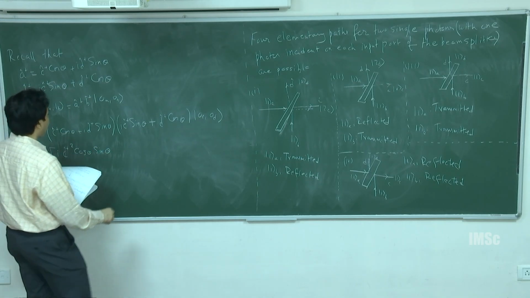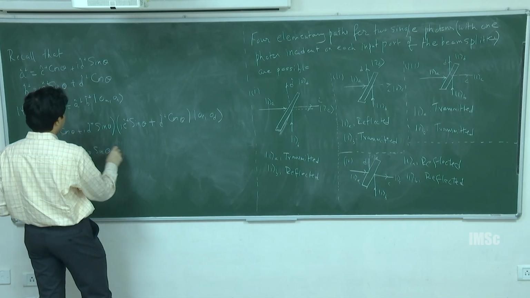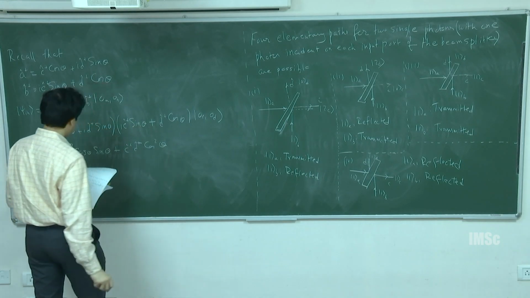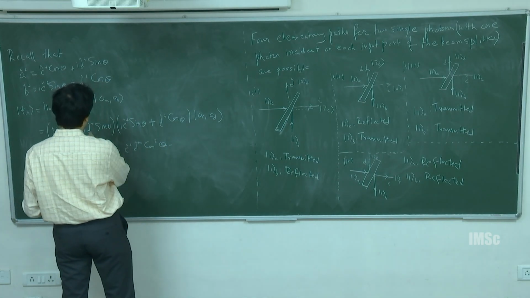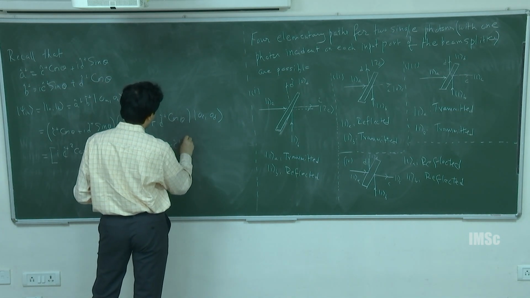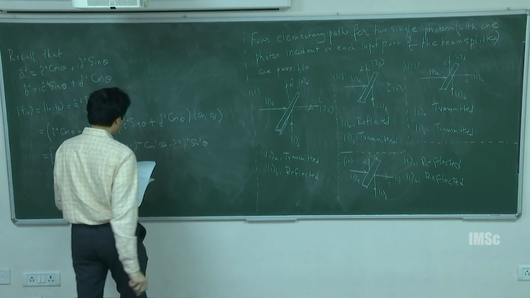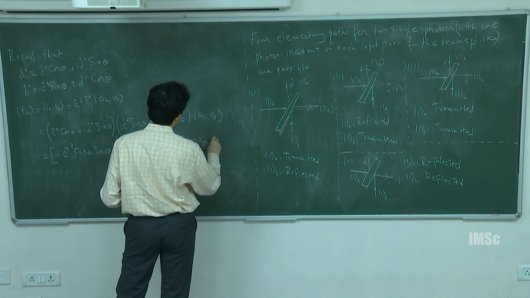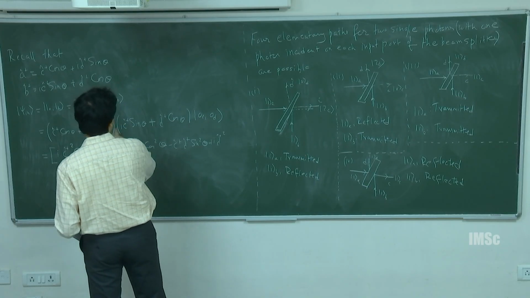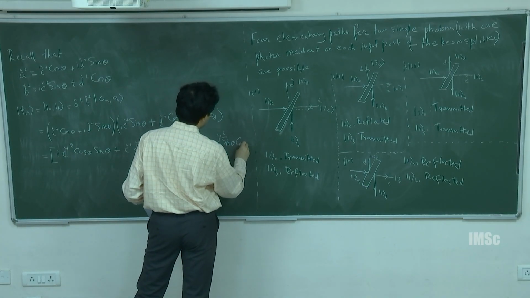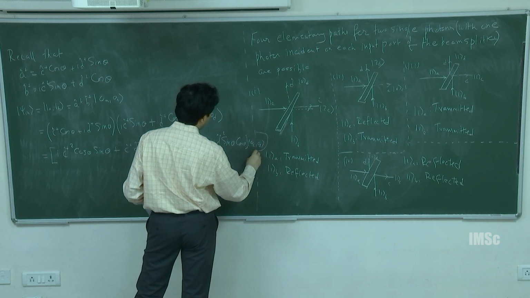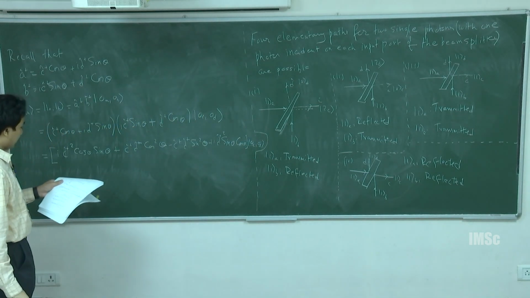This is what we have, plus cos square theta, minus plus I square, that makes it minus 1, d dagger c dagger, that can be written as c dagger d dagger, sin square theta plus I d dagger square sin theta cos theta. That's what it is.